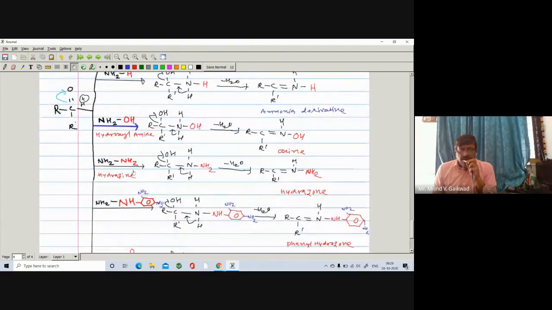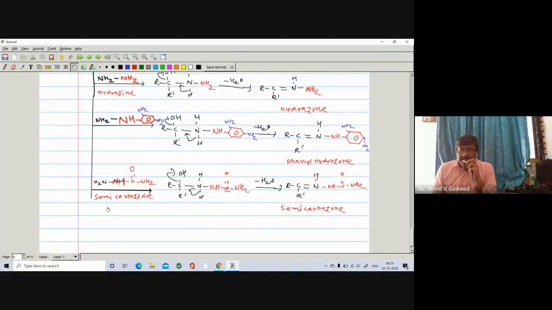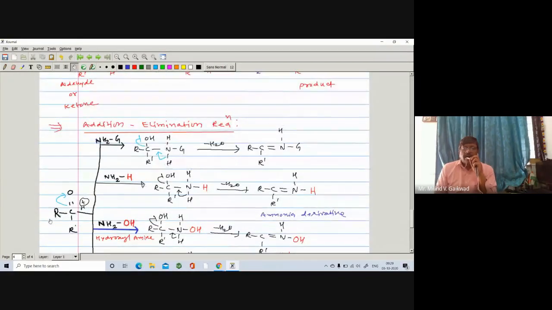G is NH2, hydrazine, you get hydrazone derivative. 2,4-dinitrophenylhydrazine, we get 2,4-dinitrophenylhydrazone. And similarly semicarbazide, you get semicarbazone derivative. For examples, just replace this R, this R dash, by different alkyl groups. This R dash may be same, may be different, and you get a number of examples. In this way, we have seen the addition elimination reaction.